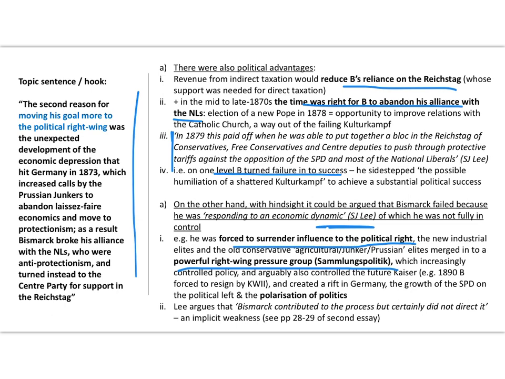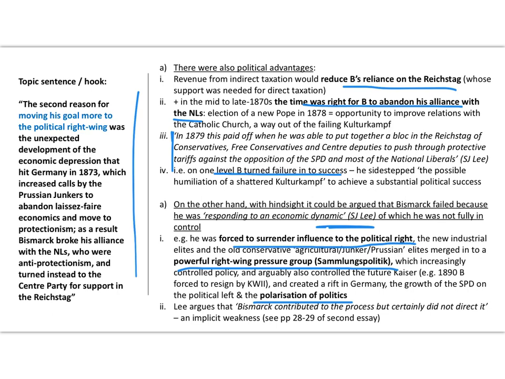And also you could argue that politics had become polarised, that in the meantime the political left was continuing to grow more and more powerful on the left, and yet Bismarck's power base was based on a concentration of the forces on the right, what we call Sammlungspolitik, the alliance of steel and rye, which was necessary, but in the bigger picture, it was actually fracturing, it was actually creating divisions within Germany.